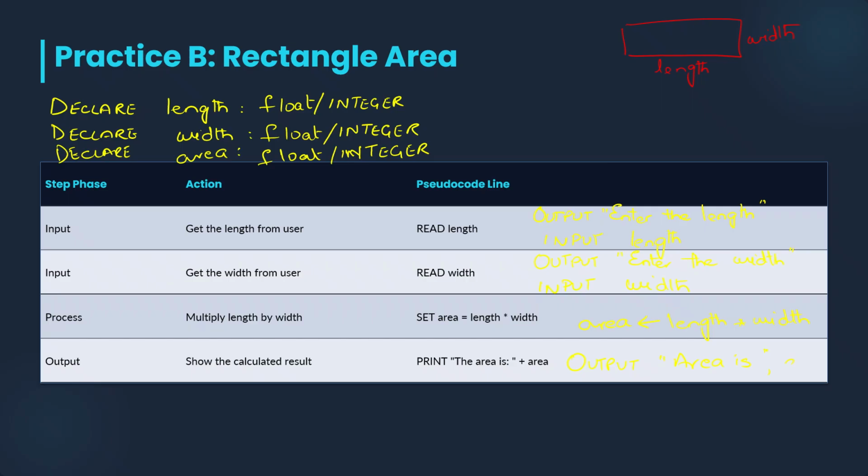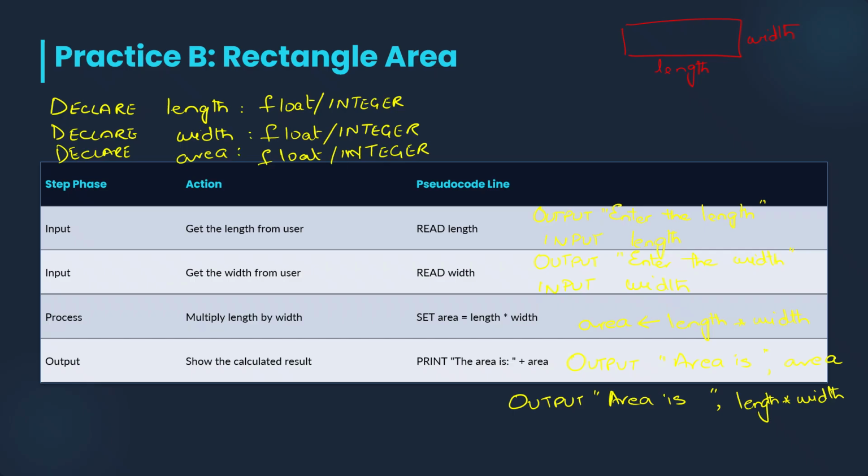Here, since you used area as the variable, you write down area, but you can also write the output sentence as area is, comma, length into width. In this case, you won't need a separate variable area to first store this product and then output it.